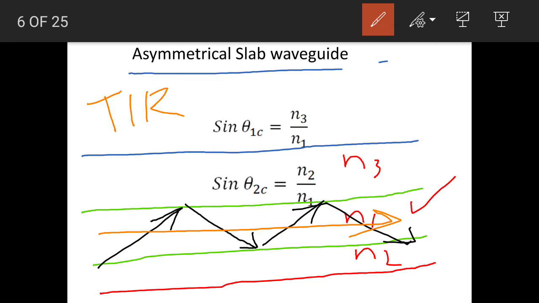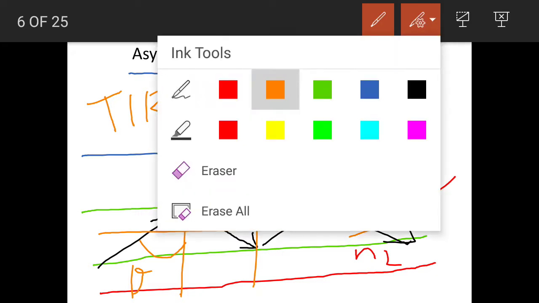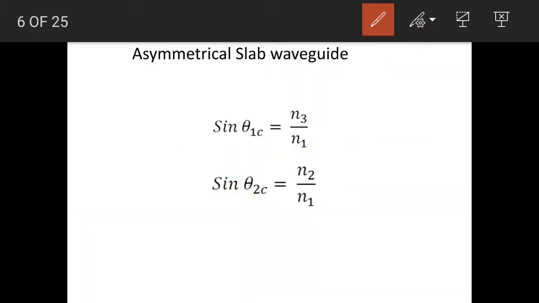So we need to consider this particular angle, which is represented by theta, and similarly this particular angle as well, which is also represented by theta. Let me draw this waveguide once again.